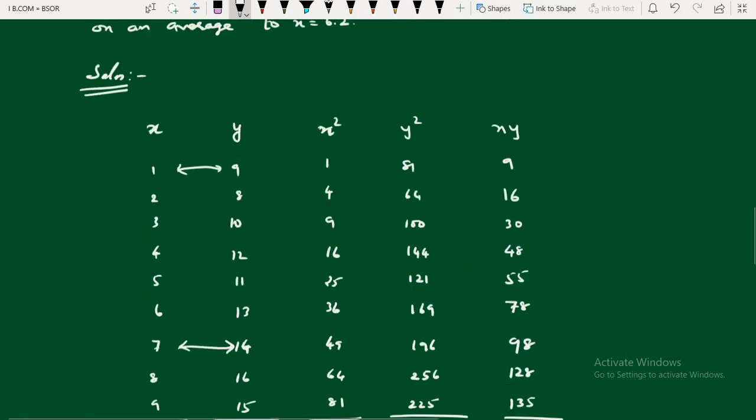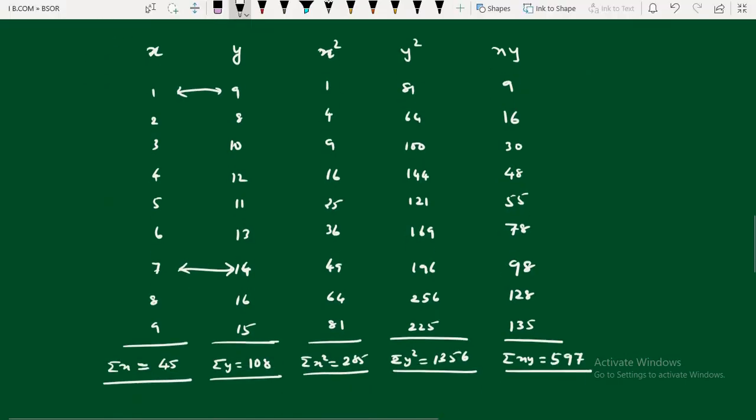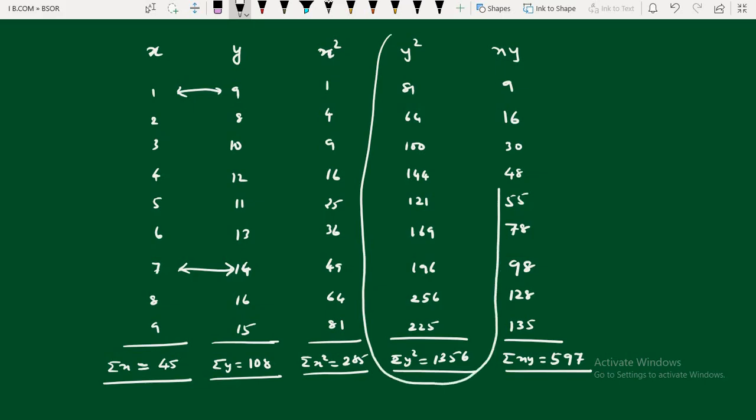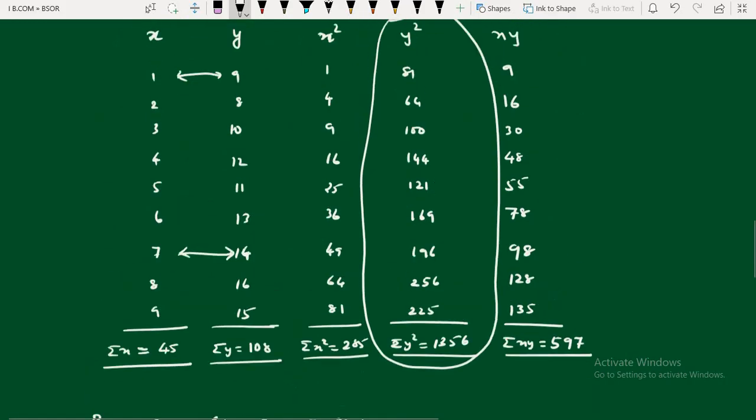I am doing y on x here, but in examination this is no need. Suppose they ask y on x, then no need to find y square, because for y on x we need only x square.